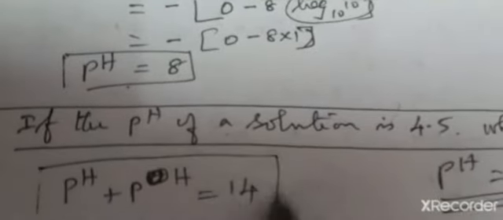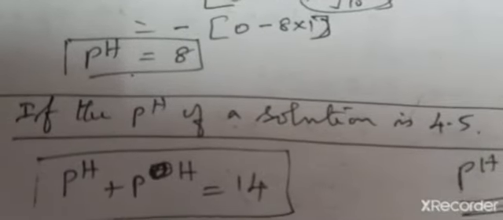Same. Calculate the pOH of a solution whose pH is 4.5. The pH value is given; pH is equal to 4.5. They also ask to calculate pOH. You have to use the relationship between pH and pOH, that is pH plus pOH is equal to 14. So pH is equal to 4.5.